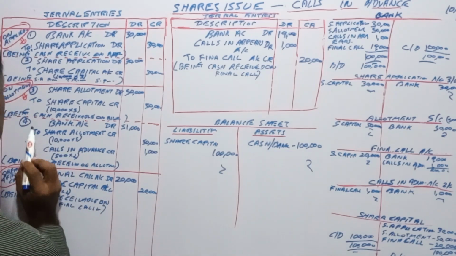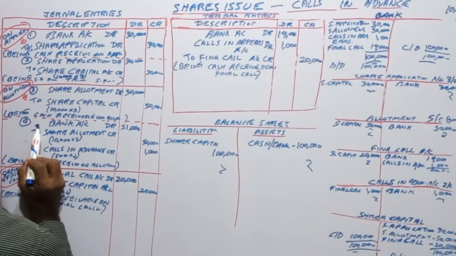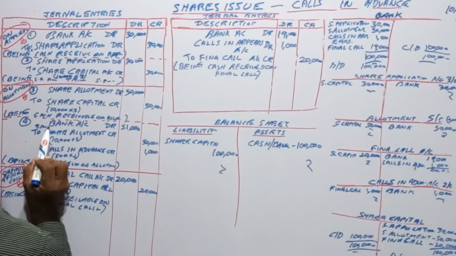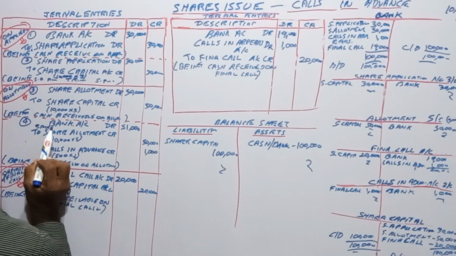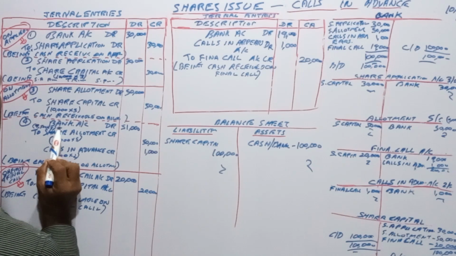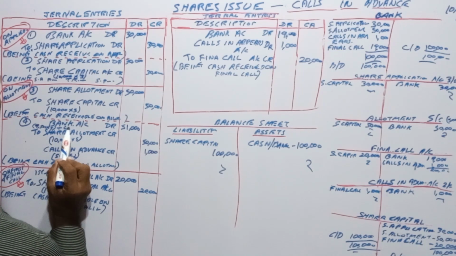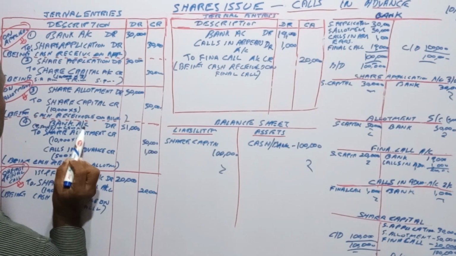Right? This one is 9,500 into 5 rupees plus 500 into 7 rupees.